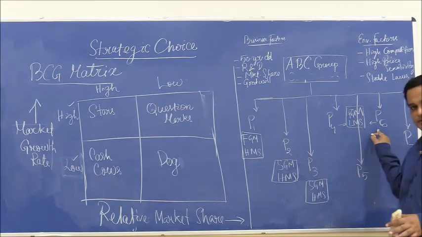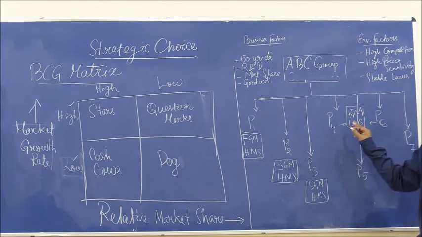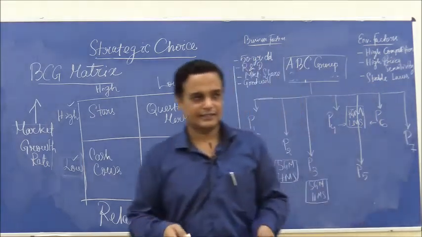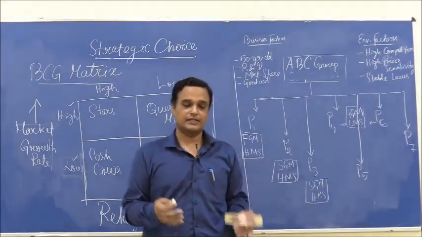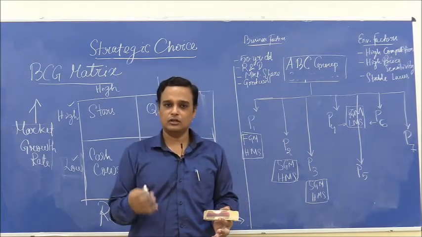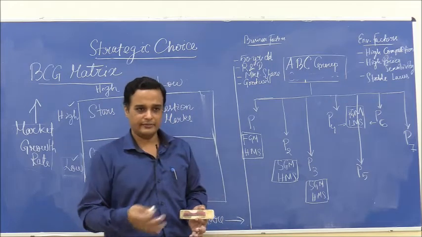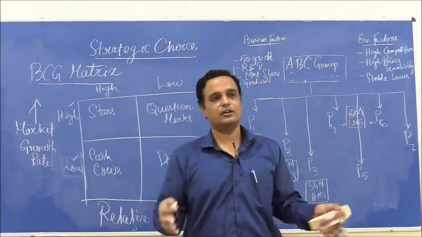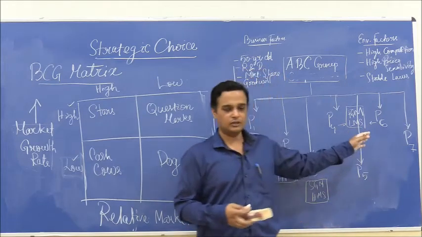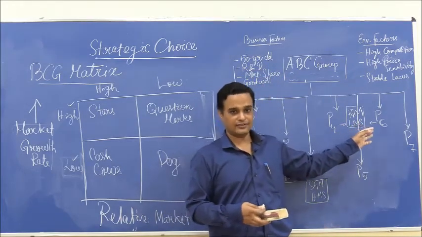P4 and P6 are operating in a very aggressive market, a very fast growing market. Consumers are demanding products, but their own brand is not fetching a lot of demand. Consumers are not demanding their particular brand, they are buying from other brands, but P4 and P6 have not been able to garner a lot of market share.